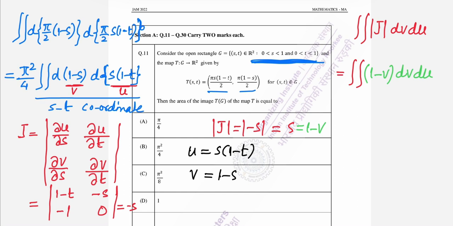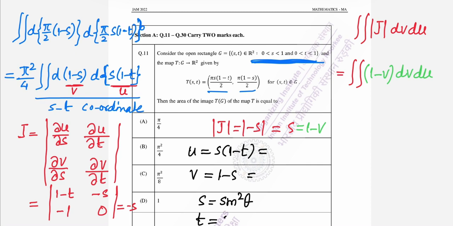So how can we do that? One simple thing is to assume that s is sin square theta. I am doing this just to get the limits. And I already told you that s and t are independent, so if you take t, it will be in some other angle.